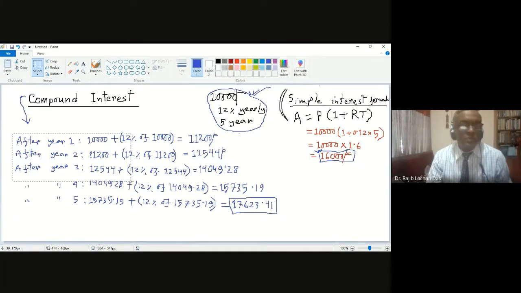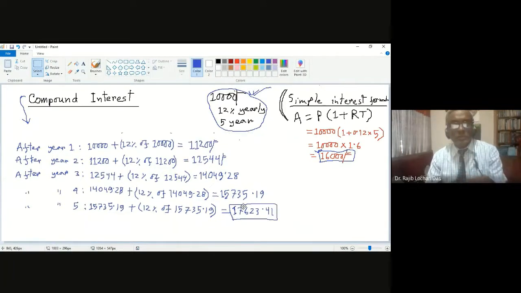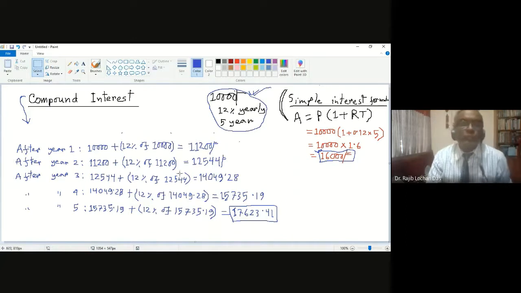Ask me if you have any question. Any question on the concept? No question, right? So we will now learn the compound interest formula.